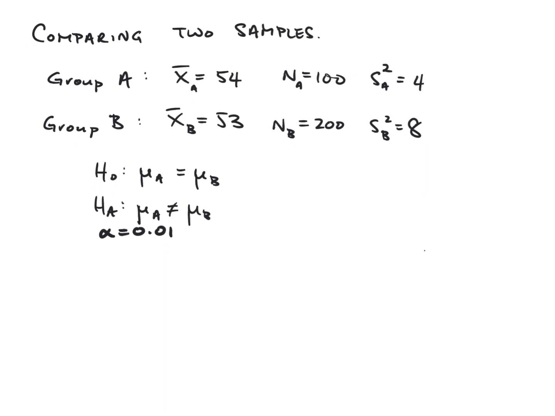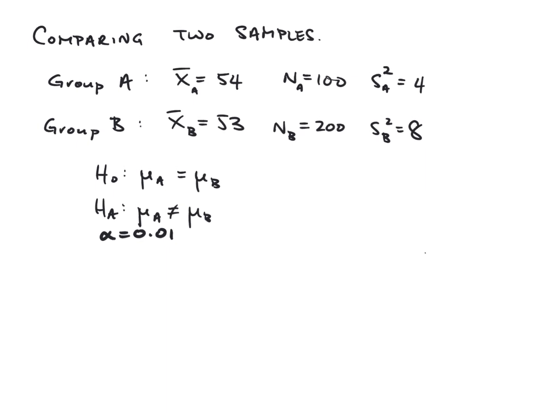Okay, we want to compare two samples and test whether the mean could be equal against the alternative that the means could be different. Now, we typically state our hypotheses in the form of some parameter equals a value.